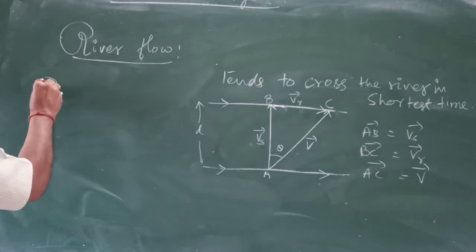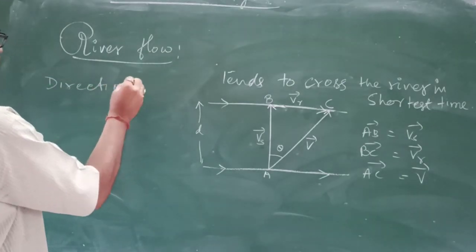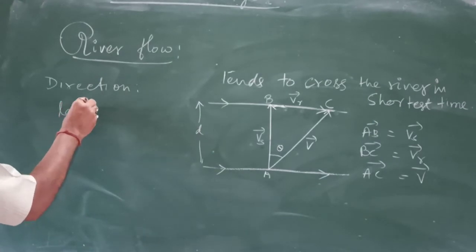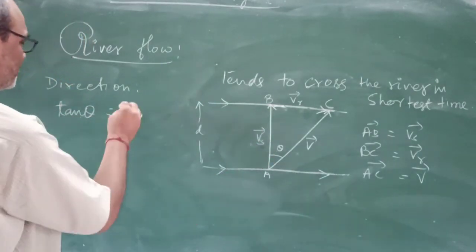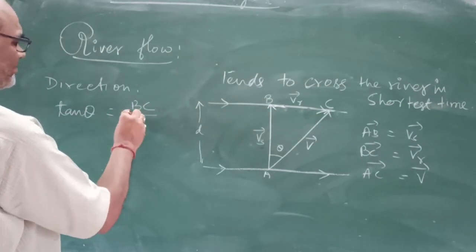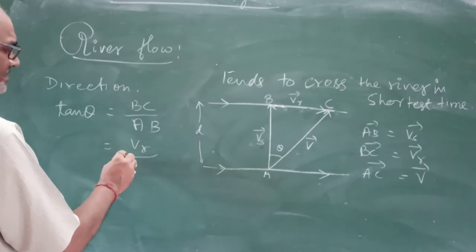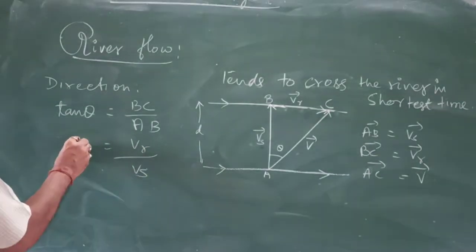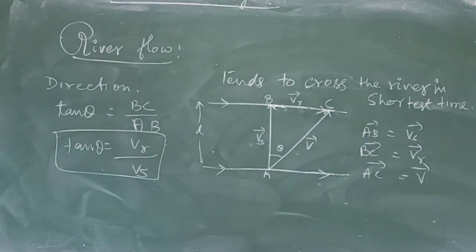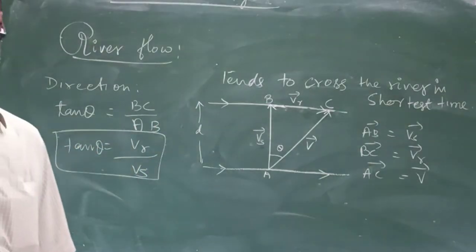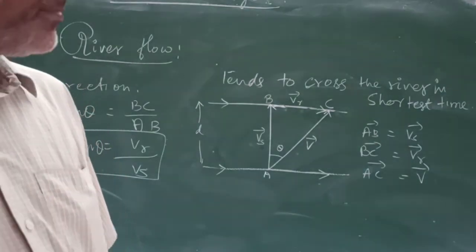Therefore, tan theta is equal to perpendicular by base, perpendicular BC, base AB, Vr by Vs. Then we can find in which direction the swimmer goes.